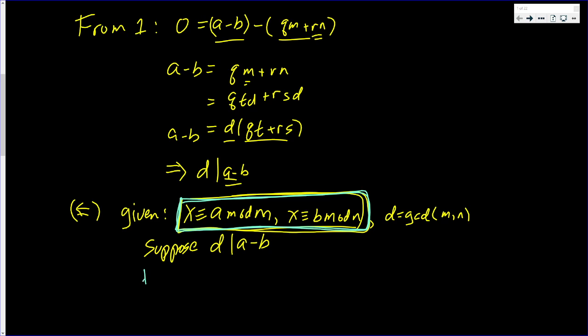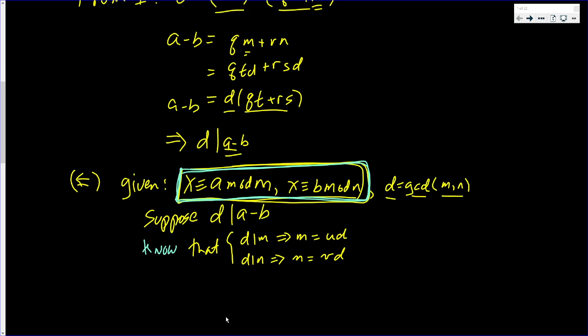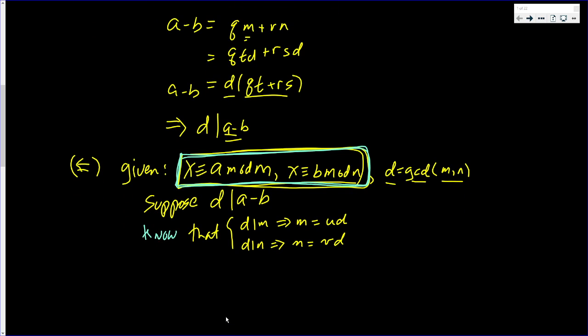But we also know that since d is the GCD of m and n, d divides m, which implies m is ud, and d divides n, which implies that n is v times d. m and n are both multiples of d.